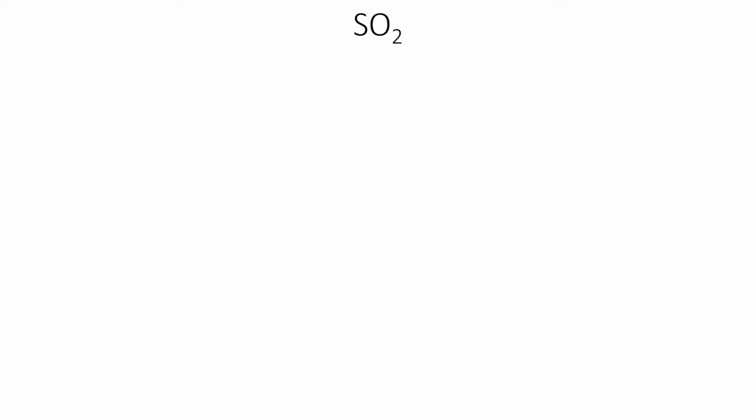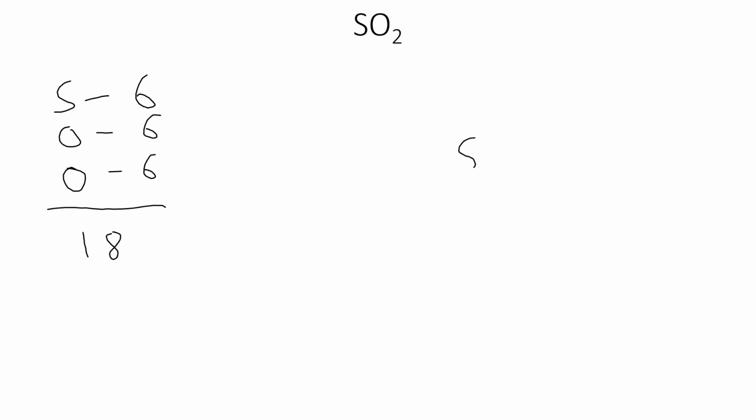So our next example will be a little bit more interesting because here, not all of the formal charges will be 0. So we did SO2 previously. Sulfur had 6 valence electrons. Oxygen also had 6 valence electrons in it, for a total of 18. And again, this molecule does have resonance structures, but just for the purposes of formal charge, we only need to look at one of the resonance structures.